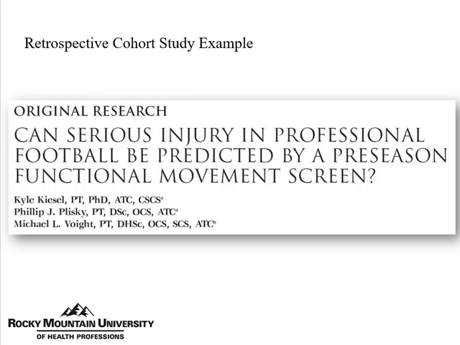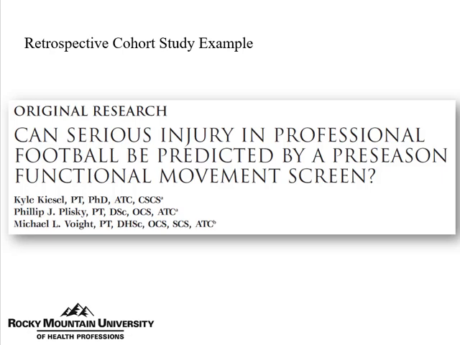For those of you who aren't familiar, it's a battery of tests that ranks people on their performance. They're given a 3, 2, 1, or 0. And what this particular study reported is that individuals with a 14 or below on the test out of 21, they were at an 11 times greater risk of injury.